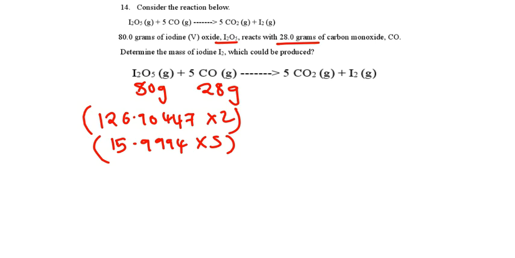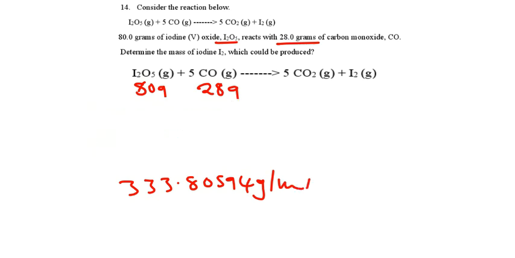If we add this, it gives the molar mass of iodine pentoxide, something like 333.80594 grams per mole.